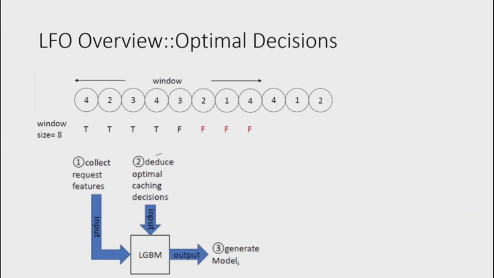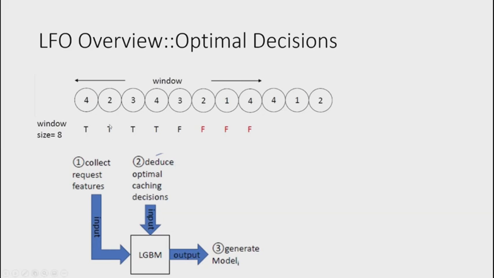So, how does LFO deduce the optimal caching decisions? This is how. At the end of a window, LFO looks back all the way to the beginning of the window and examines requests one by one. These numbers are the object IDs of the requested objects. 4. Since it is going to be accessed again, we want to cache it. 2.